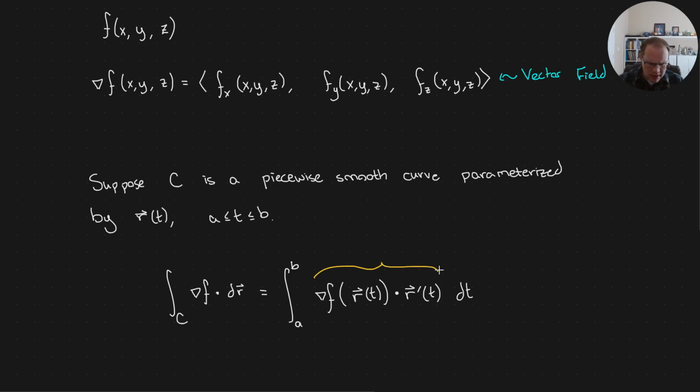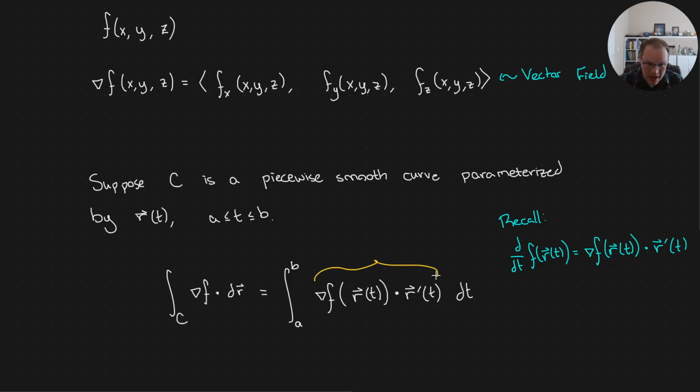But as we look at this, it looks familiar. Recall that the derivative of f of r of t with respect to t, if we use the multivariable chain rule, we get the gradient of f at r of t dotted with r prime of t.